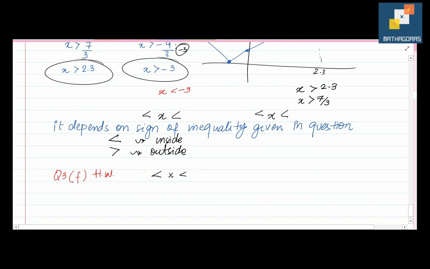It is very important in this topic. Other than F, we have attempted all 5 parts in today's class. Inshallah, in the next class we are going to continue with question number 4, right?